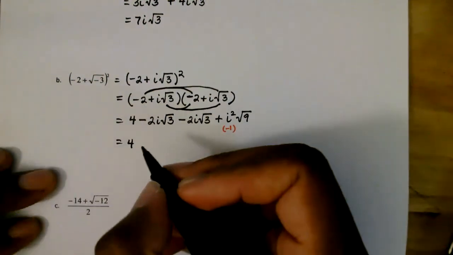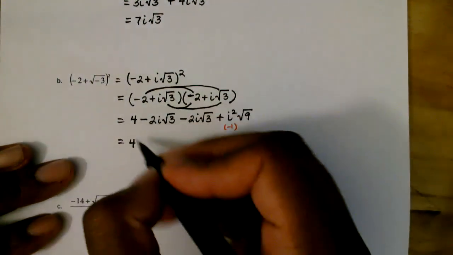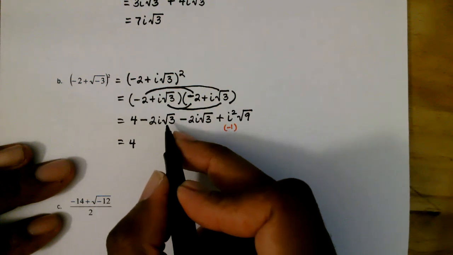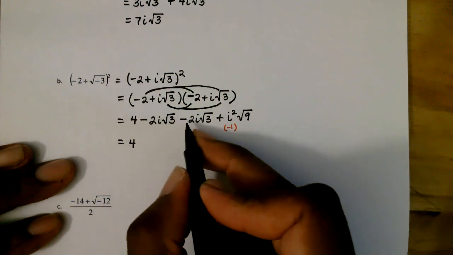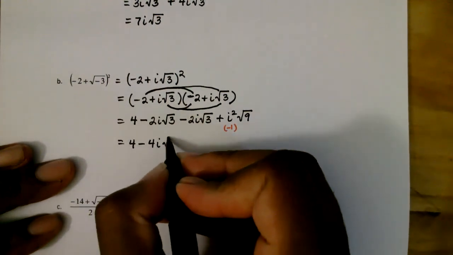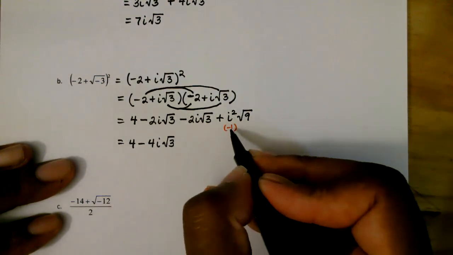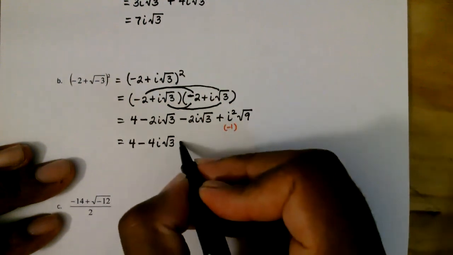Remember, you substitute all occurrences of i squared with negative 1. So I'm going to bring down the 4 here, combine these like terms here, because I got i square root of 3 and another i square root of 3. Minus 2 would be a minus 4i square root of 3. Now, since i squared is equal to negative 1, that negative 1 will make the plus sign a minus.